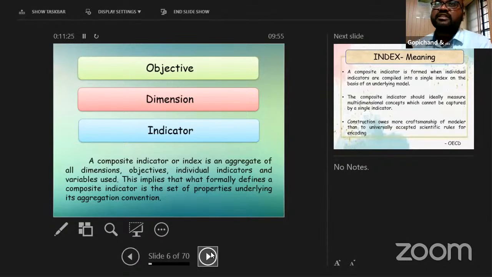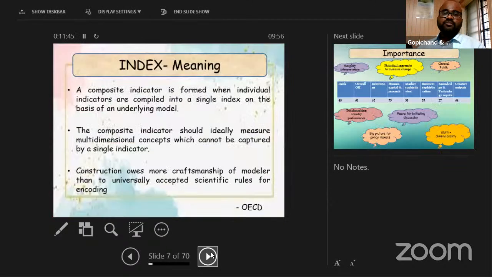What is a composite index or indicator? It is an aggregation of all the dimensions, objectives, individual indicators, and variables we have discussed now. This implies that what formally defines a composite indicator is the set of properties underlying its aggregation convention. Coming to the meaning, it is formed when individual indicators are compiled into a single index on the basis of an underlying model.